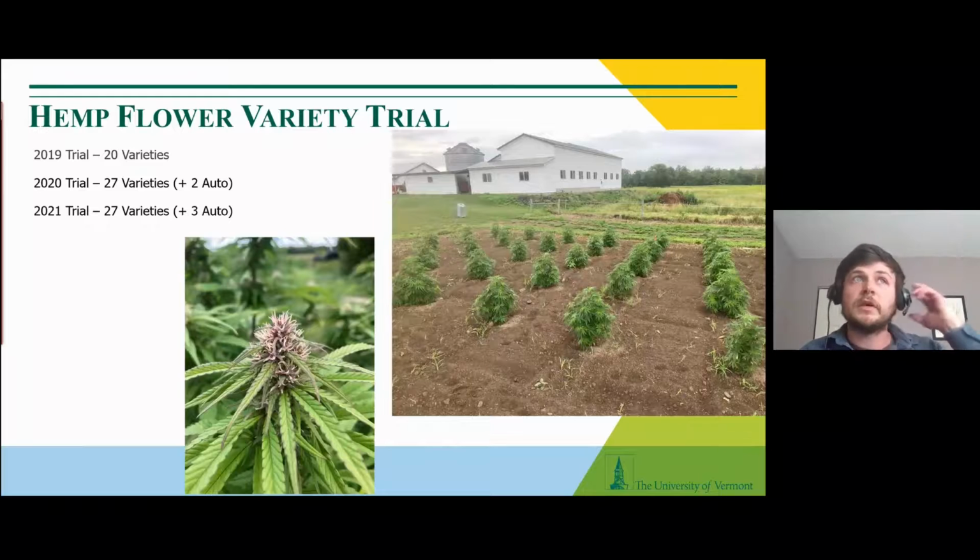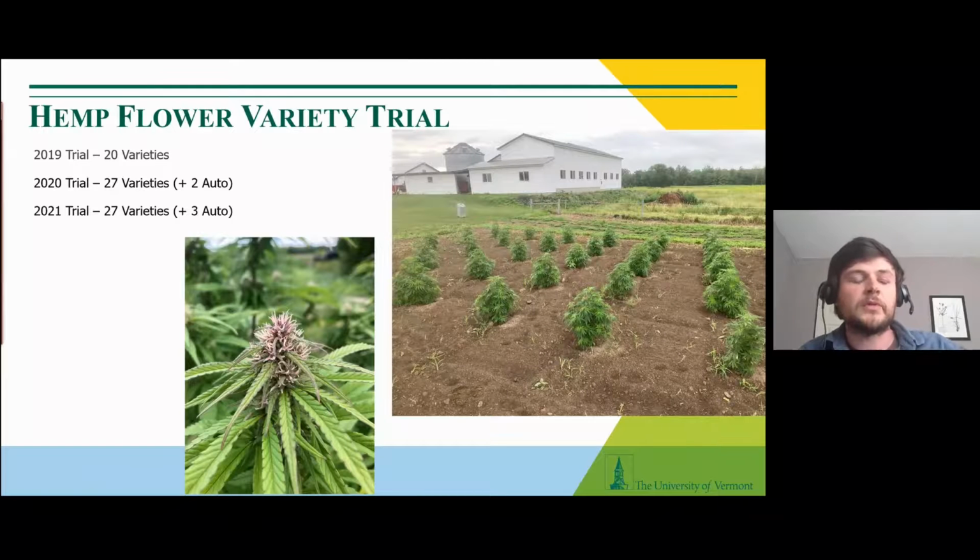And since I'm just going to focus on 3 years, basically, since 2019, we've had between 20 and 30 different varieties each year entered into our trials from breeders across the US, which mostly included full term or photoperiod sensitive varieties, in addition to a few autoflower varieties in these most recent 2 years.